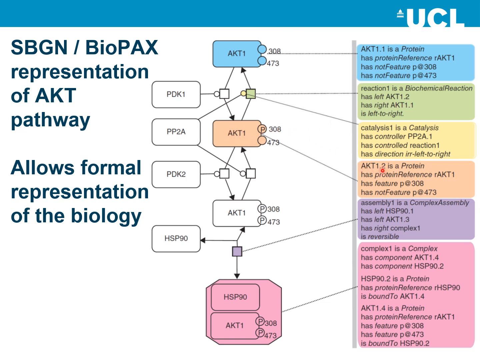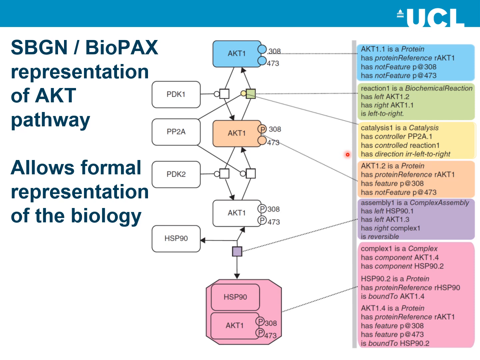It's a protein, has this reference, so it's the same protein as here, but in this case it has the feature phosphate at 308. So it's got a phosphate here. And this biochemical reaction goes from AKT1.2 to AKT1.1, so this one, and it's left to right.